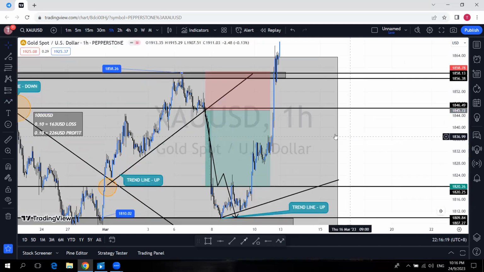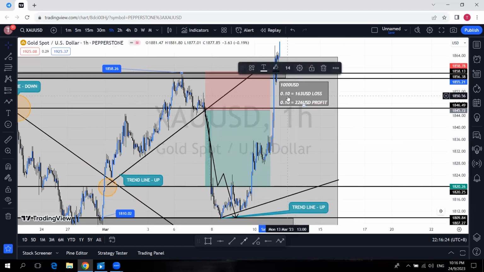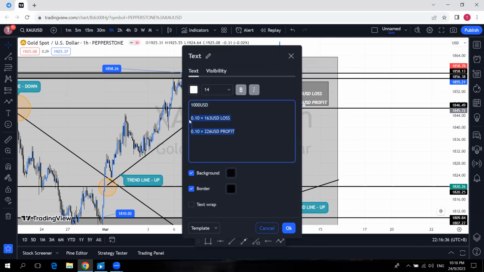So let's say if you open here, I'll take this example. You have 10 cents as your position size or lot size. Maybe you split it into 2: 0.05, then 0.05.